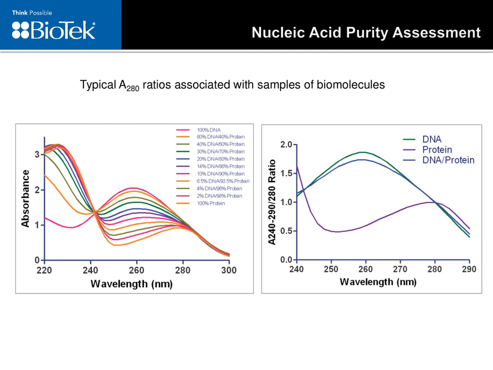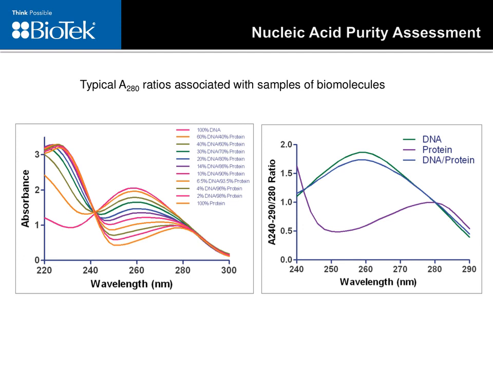And we can see spectral analysis here of a complex mixture ranging from 1 to 10 DNA to protein, all the way to 100% protein. And we can see here the differences at 260 nanometers, and this will again lead to the differences that we see in our ratio and allow us to calculate purity.